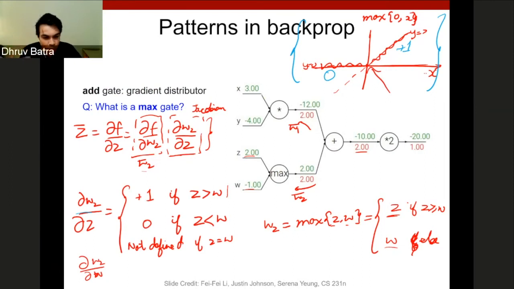So if you just look back at what the definition of a gradient is, you'll notice that it's not defined at that point. Geometrically, the way to think about it is at that point, the slope of the line, the first derivative function, has a discontinuity. It changes from 0 to 1, and at that point it is not defined because the right limit and the left limit are different.